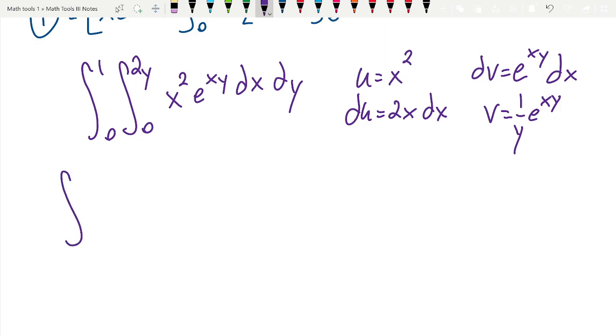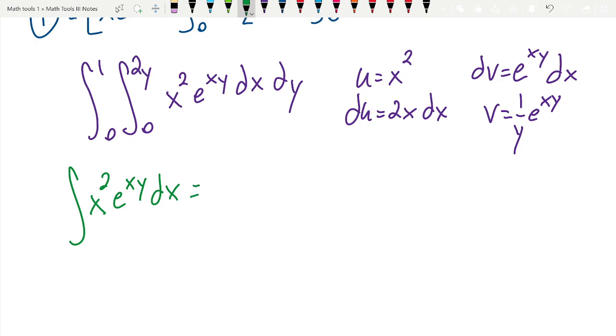So again, I just want to look at the antiderivative first. So let me do it in a different color maybe, just to distinguish them. And then we'll worry about the bounds afterwards.